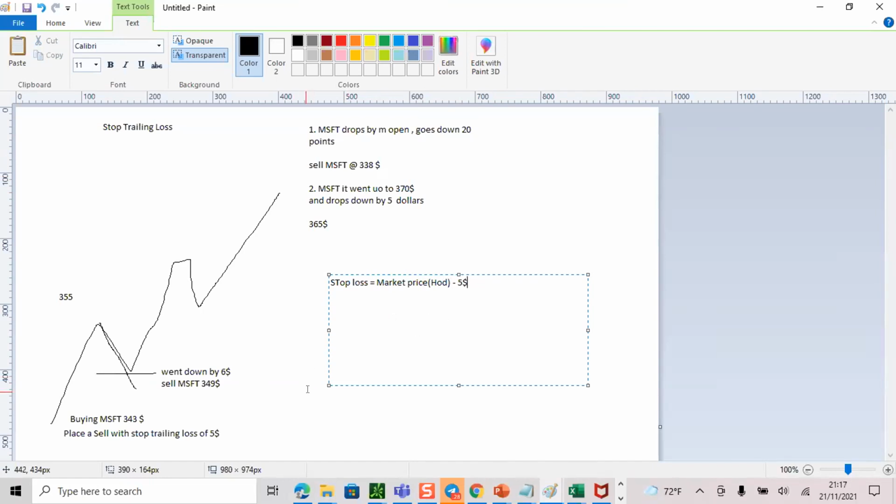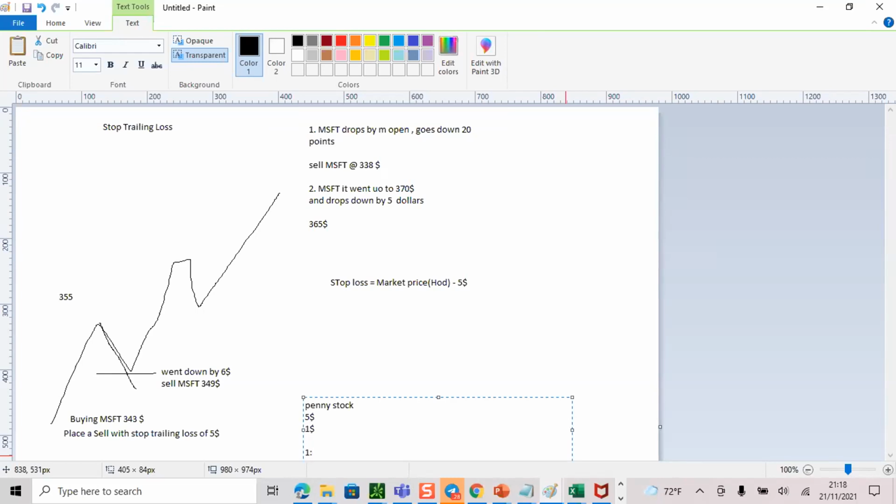So we suggest keeping, let's say, if it's a penny stock, I suggest keeping at least $1 as your stop loss, because imagine you buy any stock at $5 and you have to give at least a dollar of risk, right? Here your risk to reward ratio is one.